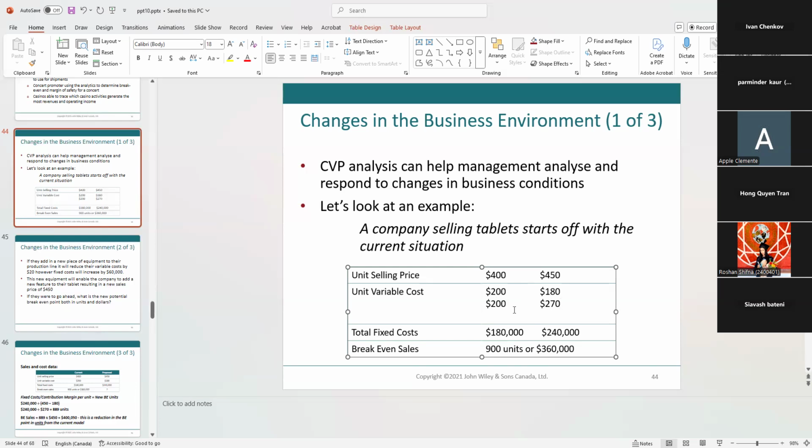So how can I get my break-even in number of units in the new situation? How much will it be? 240 divided by 270, correct? How much are you getting?